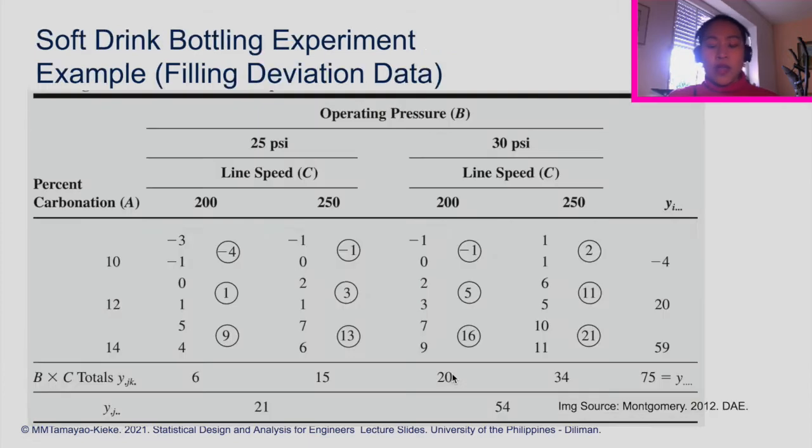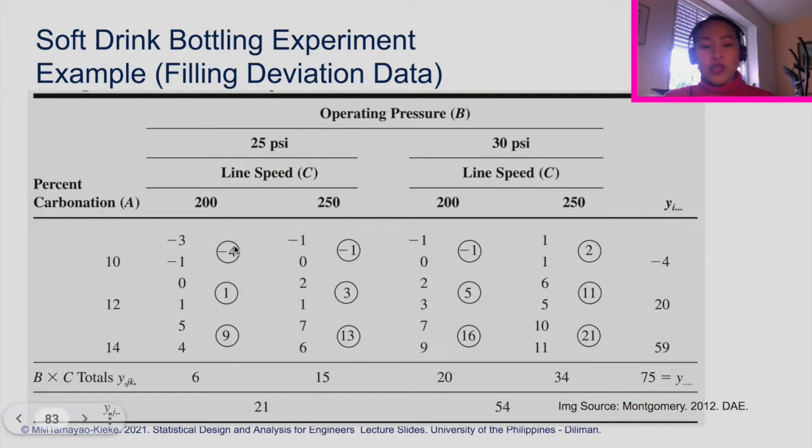So let's look at the observed data. Here on the rows, you have the percent carbonation, your factor A. Factor B is the operating pressure, and then you have your line speed, at 200 and 250. Your operating pressures are at 25 and 30 psi.